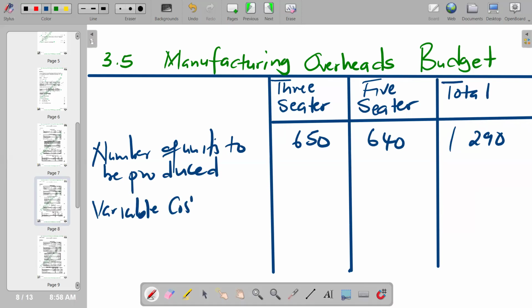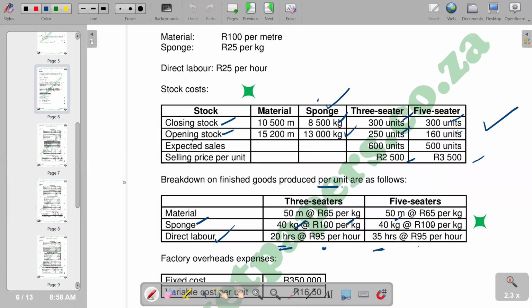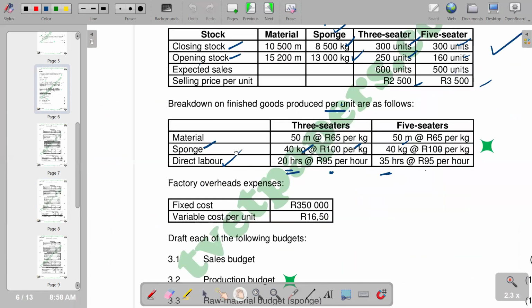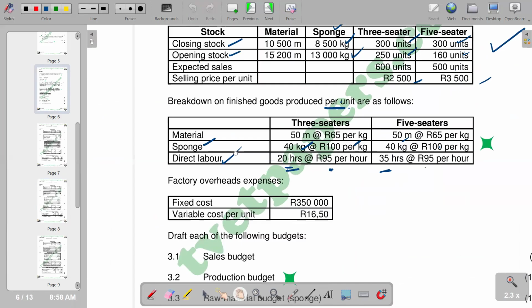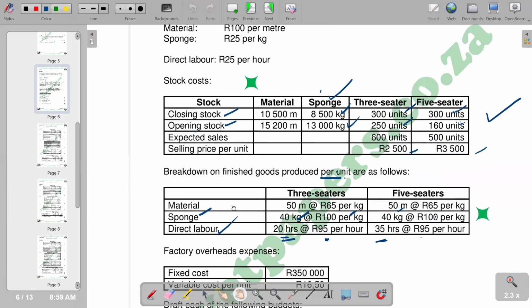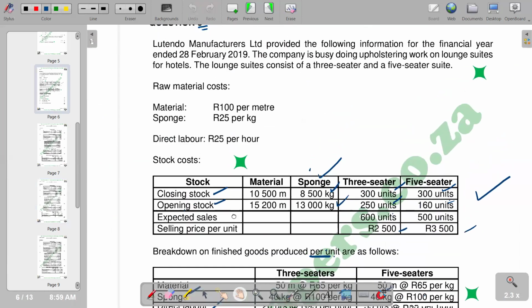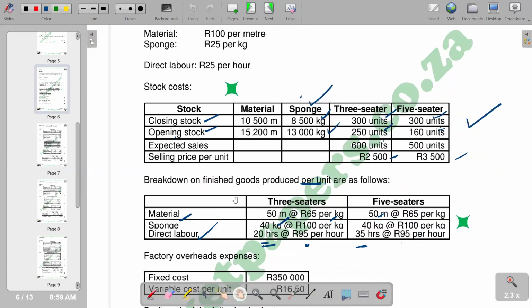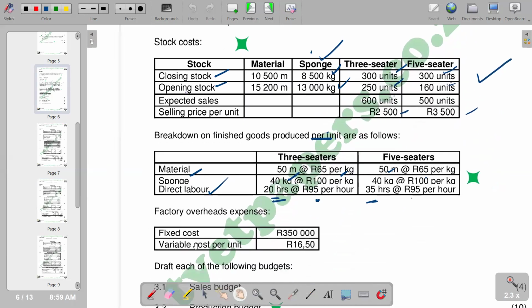Variable cost per unit. We check what we have in terms of variable cost per unit, according to the information that we have. So we try to refer to the information so that we find the variable cost per unit.